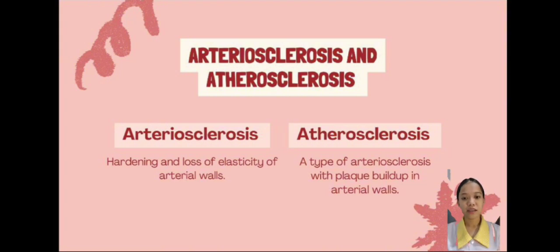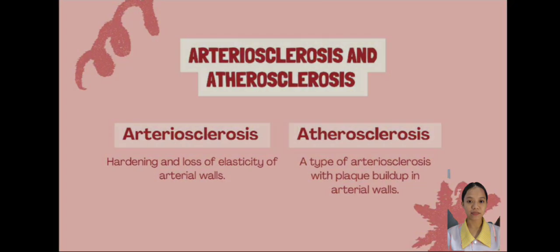The buildup consists of fats, cholesterol, and other substances in and out of the arterial walls. The buildup is also called plaque, and the plaque can narrow the arteries, blocking blood flow, and this plaque can also burst, leading to a blood clot.